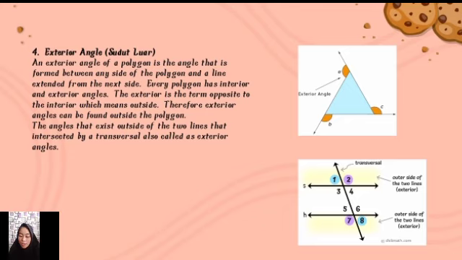Exterior is the opposite of interior, which means outside. Therefore, exterior angles can be found outside the polygon. The angles that exist outside of the two lines that are intersected by a transversal are also called exterior angles.